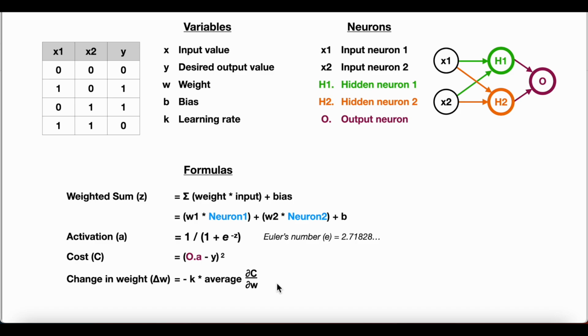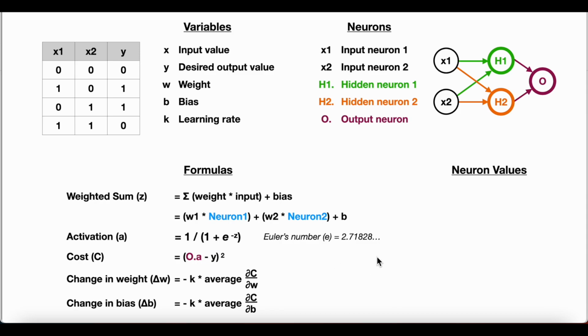What that means is we want to average the rate of change of the cost over the weight for each of our input lines. And there's going to be a similar formula for the bias. We'll go through these formulas in a little bit more detail in just a moment.